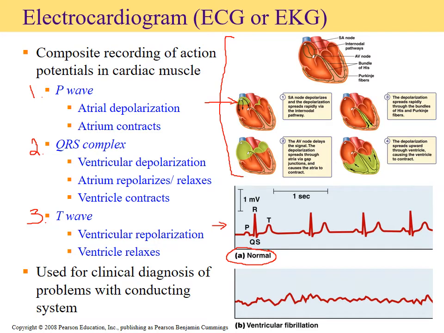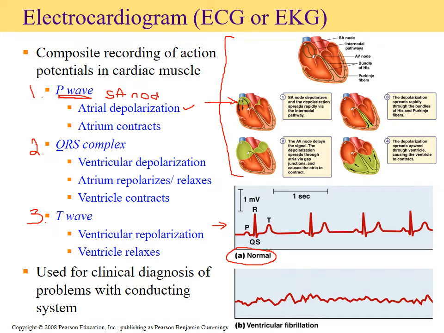And notice how on the picture the area has turned green because it's showing you that your SA node has depolarized and it's starting to spread its excitement over to another node, the little AV node. Either way, it's spreading its excitement throughout the entire atrium. And that first change of depolarization is noticed by the P wave. So on your PowerPoint, I wrote down the P wave is when your atrium starts to depolarize. And that all has to do with the fact that your SA node fires off.